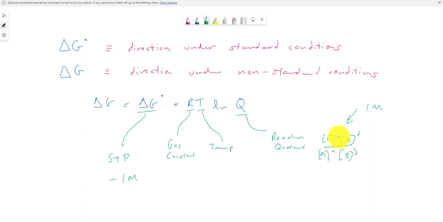That makes some sense. So really, the Q here is allowing perturbations from non-1 molar conditions, but if everything's at 1 molar, then these two quantities are equivalent. And I should say, not just 1 molar, but in cases where we're dealing with pressures and partial pressures, then we would be putting partial pressures here that are not 1 atmosphere.